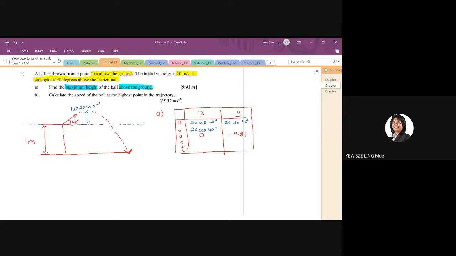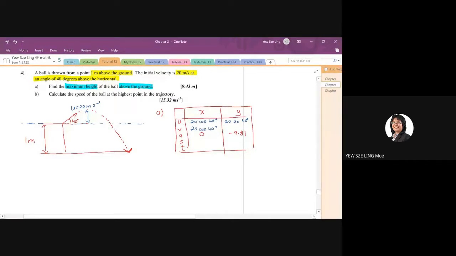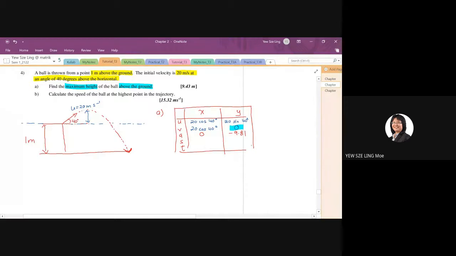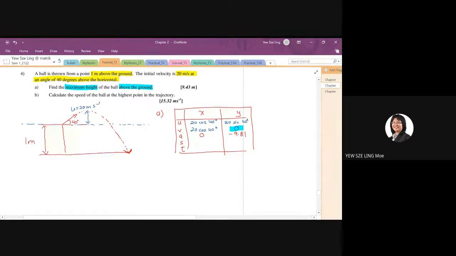U, we have this one, and then at maximum height, just now I missed out, we do have Vy, which is 0. Okay, because of the term maximum height. So this is 0. Why? Because maximum height. And then S we don't have. Okay, Sx no information. Sy also we don't have, because now we're taking this as our reference position.